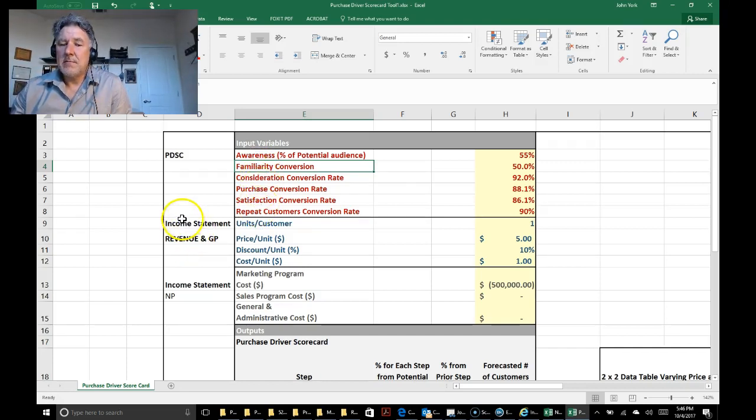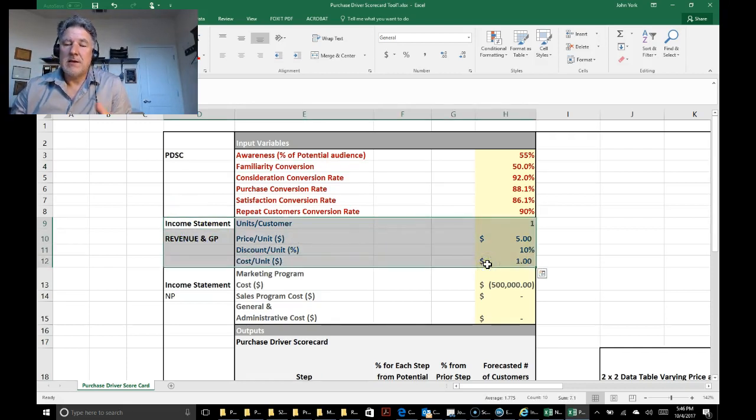The second piece in the input area deals with the income statement. I know you'll get a little bit more in accounting as well as in finance. But what I've done here is lay out some key parameters on the income statement, which would involve revenue and gross profit.